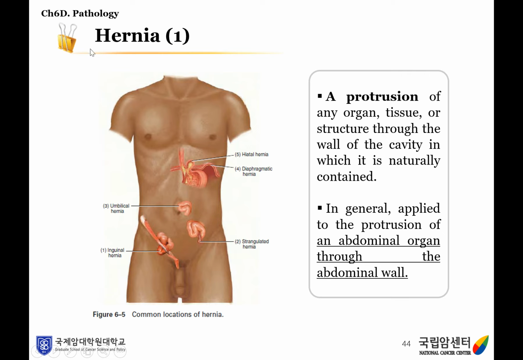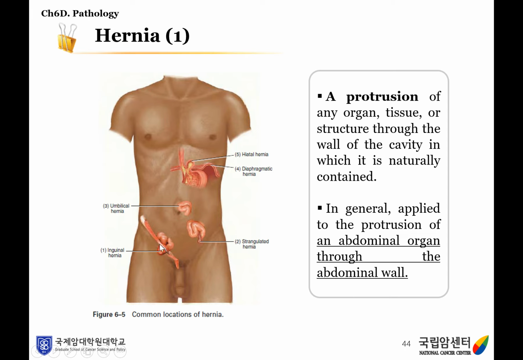And also, there is another disease, which is hernia. The hernia is a protrusion of any organ, tissue, or structure through the wall of the cavity in which it is naturally contained. In general, this applies to the protrusion of an abdominal organ through the abdominal wall.